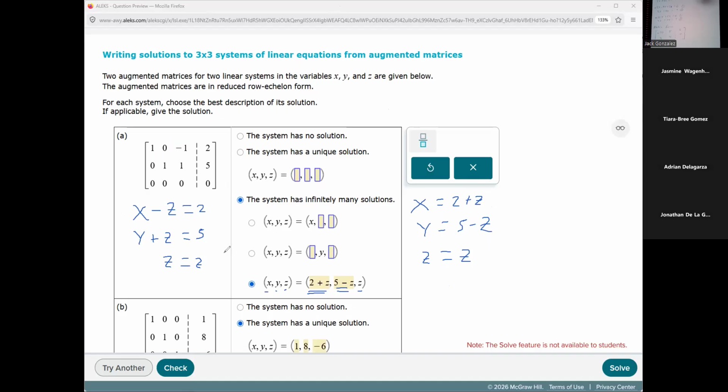Because this is the infinite case and there's a row of zeros, you can only solve in terms of one of the variables. That's why the answers aren't specific numbers, it's just 2 plus z, 5 minus z. It's an infinite case because z can be anything, which would change all these.